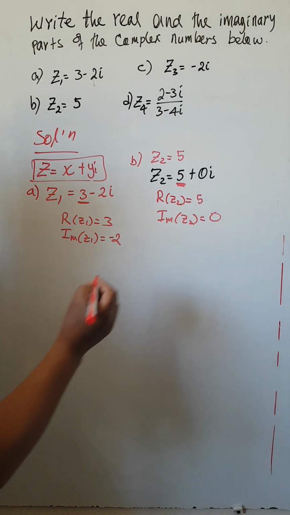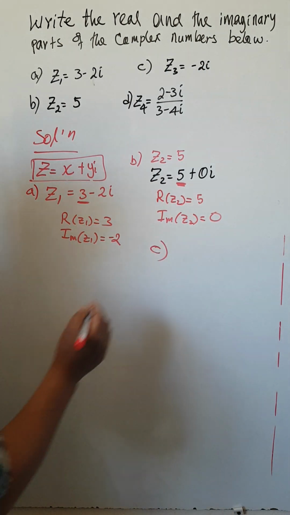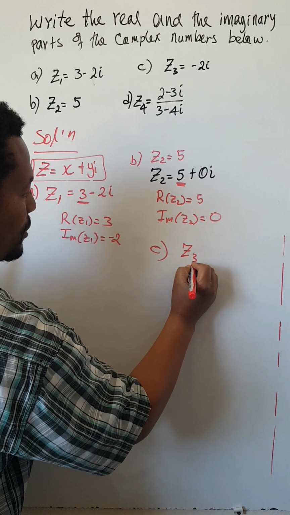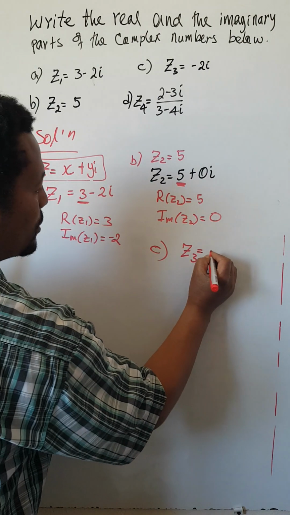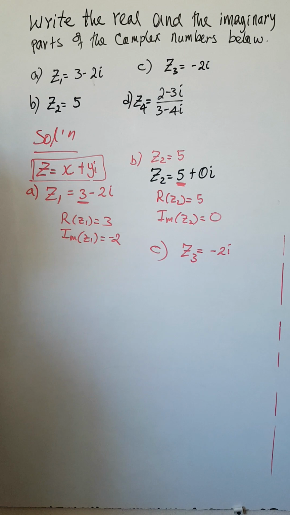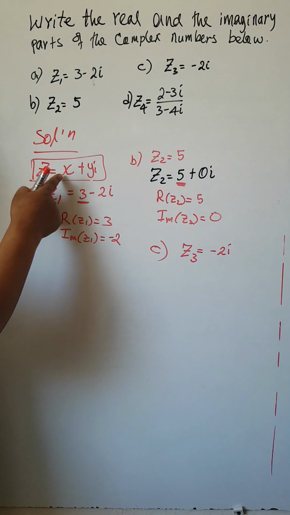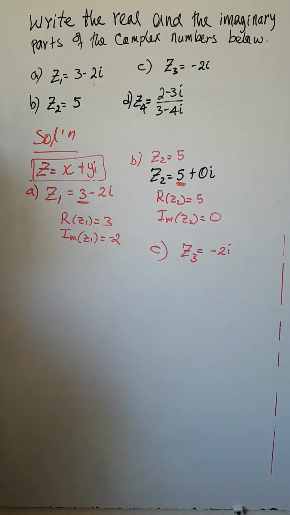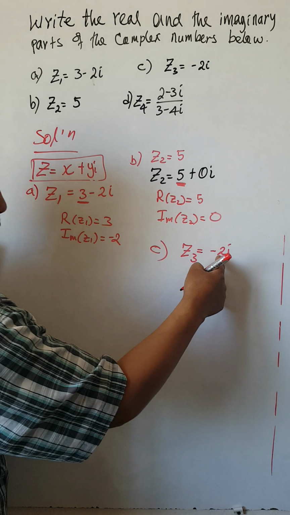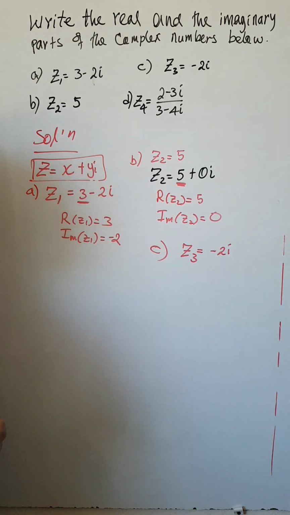Now the same is true for c. Here we have z3, which is negative 2i. As usual, a complex number has to be written as x plus yi, but here we have only negative 2i.